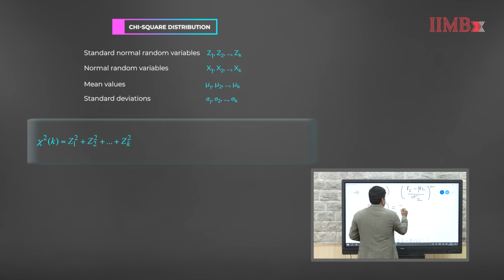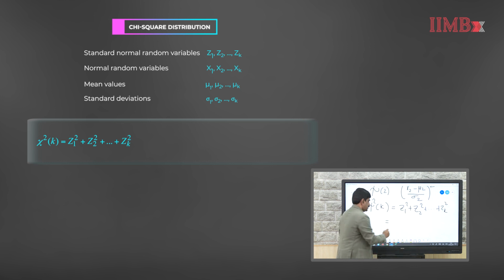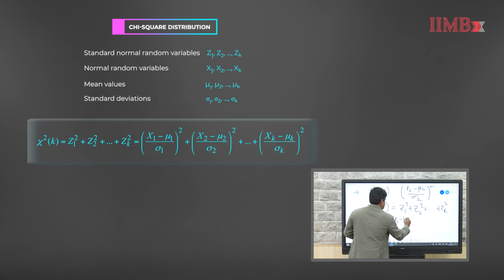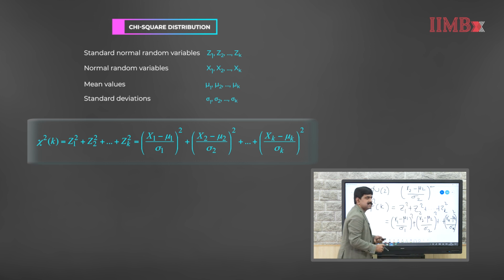This is z1 square plus z2 square up to zk square, and it is nothing but ((x1 minus mu1) divided by sigma 1) square plus ((x2 minus mu2) divided by sigma 2) square up to ((xk minus mu k) divided by sigma k) square. So this is the chi-square k distribution.